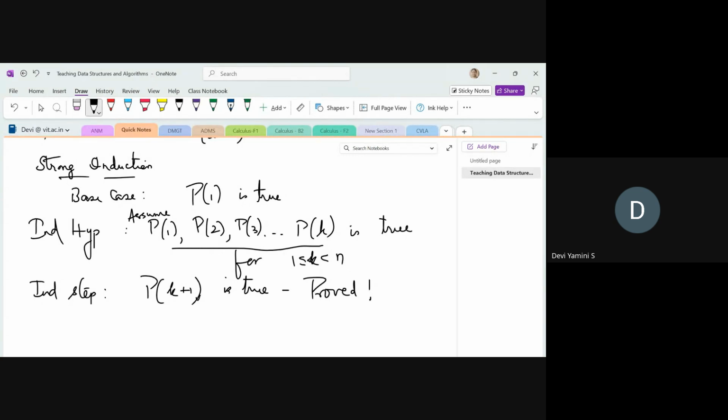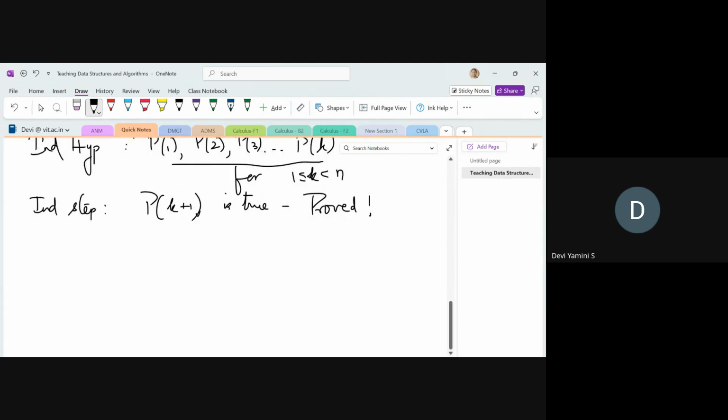And let me just give an example to illustrate a strong induction. You would have learned about a recurrence relation. So let me just give an example with respect to recurrence relation.